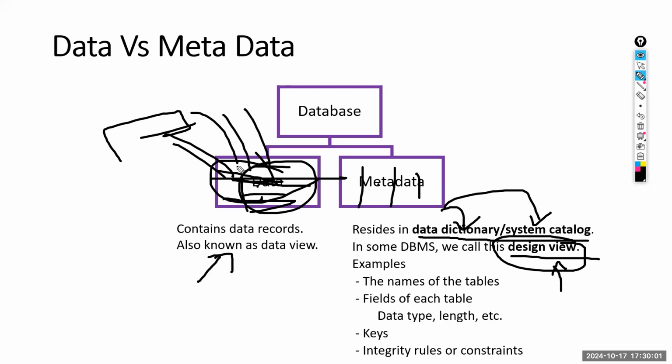The database keeps track of the data, and it keeps track of the metadata, or the structure, or design view. What are the tables? What are the primary keys of each table? What are the fields? What are their data types? Are there any constraints like default value, unique constraint, any validation? That is metadata.